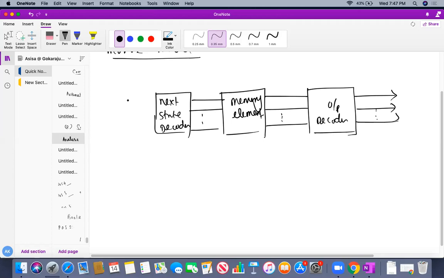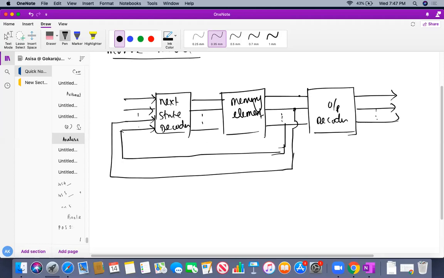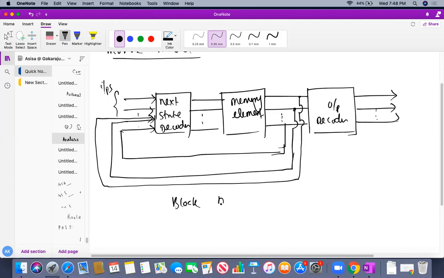It has inputs, and a few more inputs which are taken from here. These are inputs, and these are feedback. So this is the block diagram of the Moore circuit.